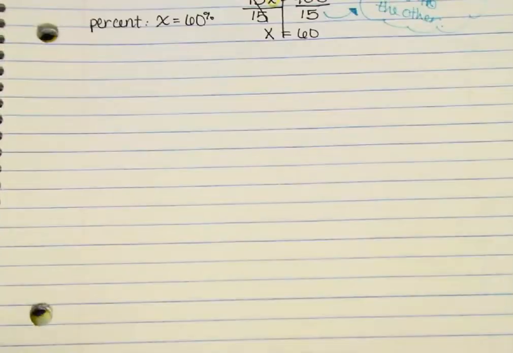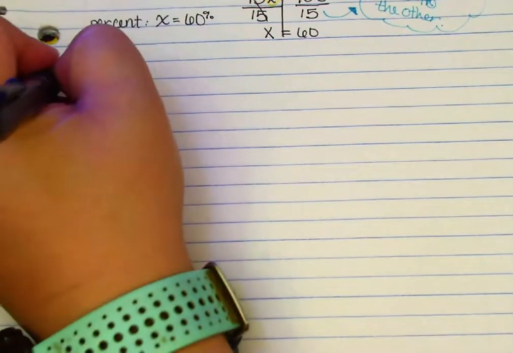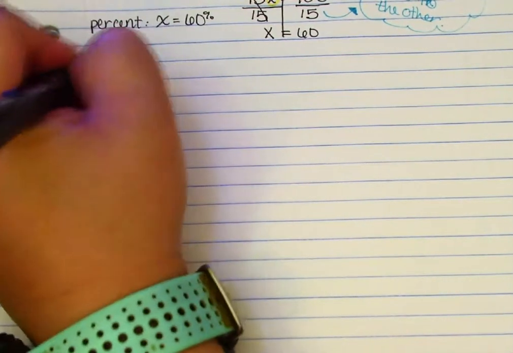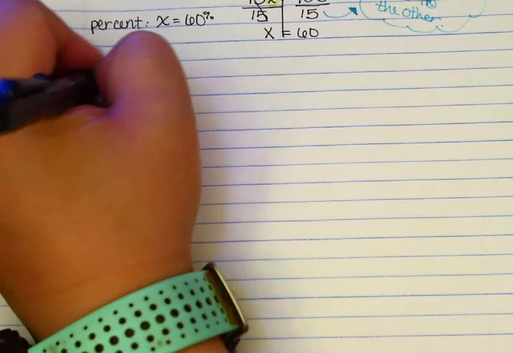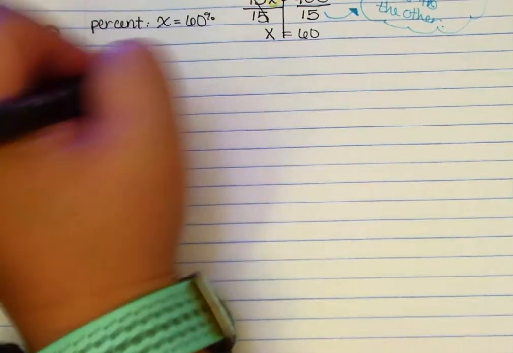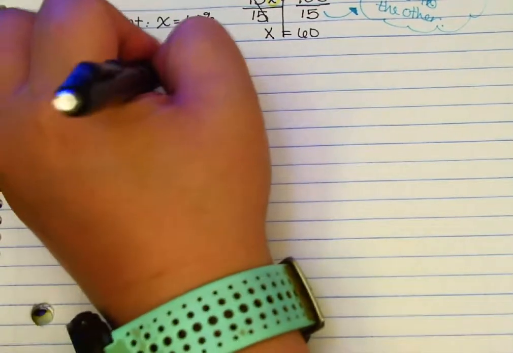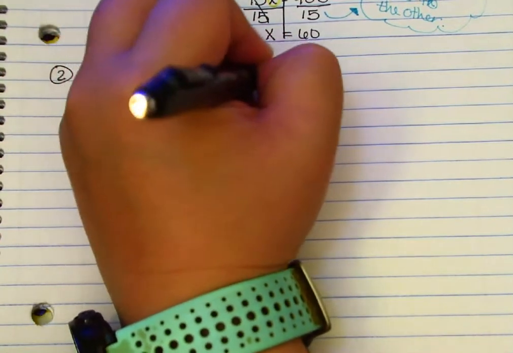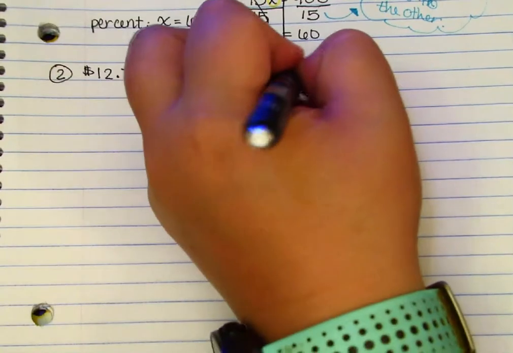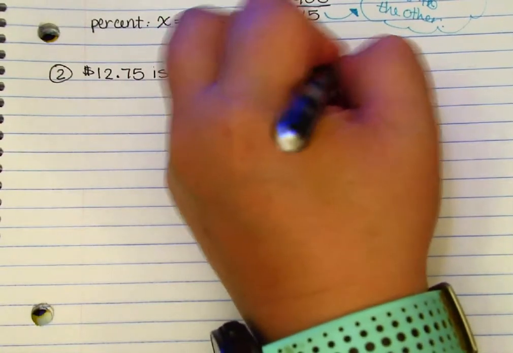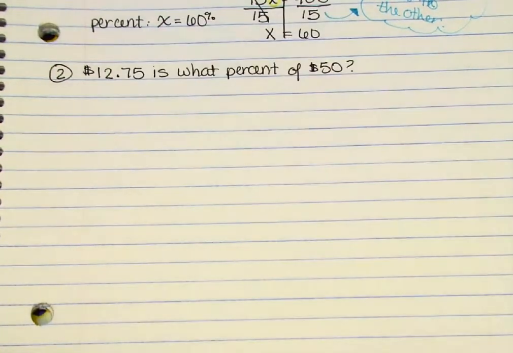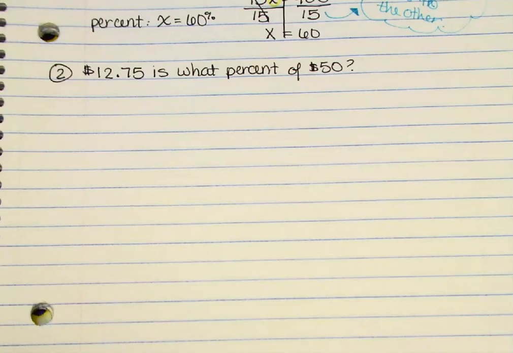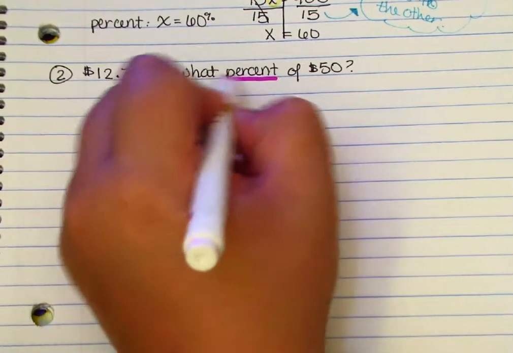Okay, so these can also be written kind of wonky. So, for example, $12.75 is what percent of 50? Okay, this one looks kind of odd, which is okay. So, I still have the phrase though, what percent?